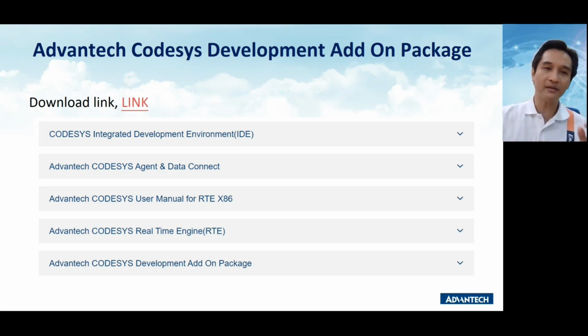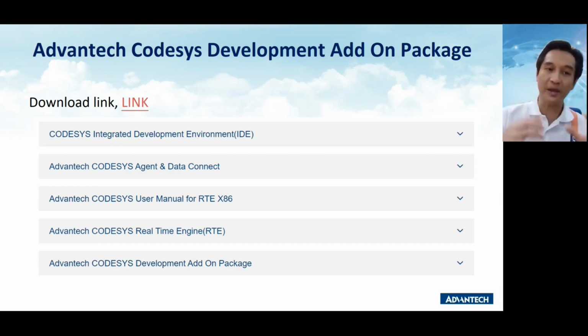If you expand the view, a lot of versions will come up, different versions of CodeSys. Maybe later I will share more on this part, right? You have to download and install this add-on package because it will be used for the Advantech hardware. Maybe some customers are using our Advantech ADM4000 series, 6000 series, the Apex series and other hardware.